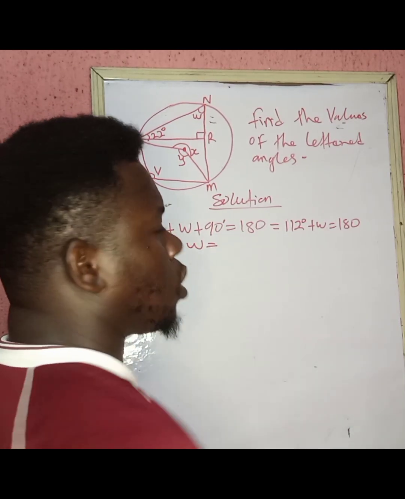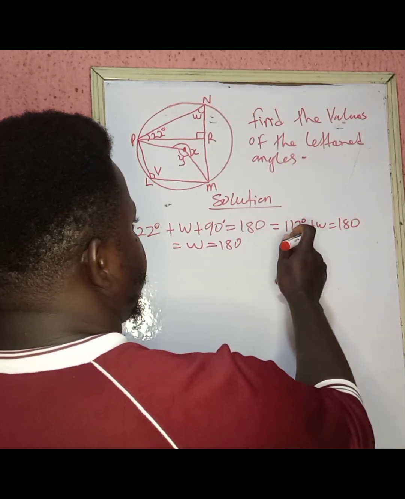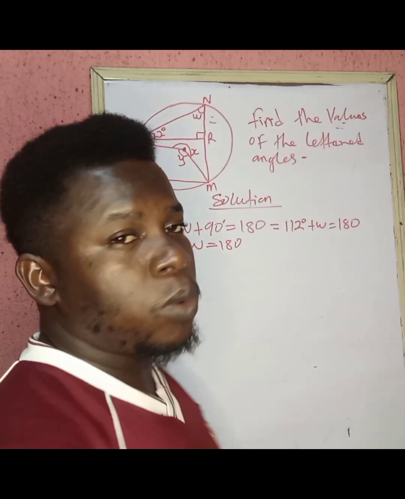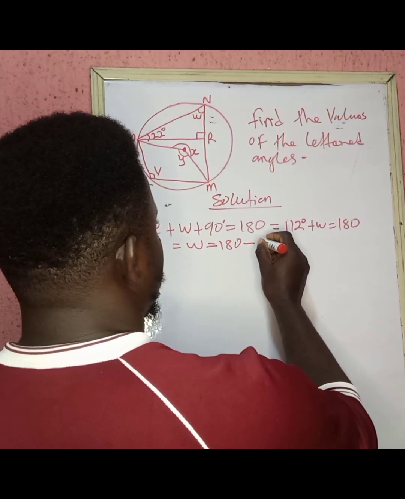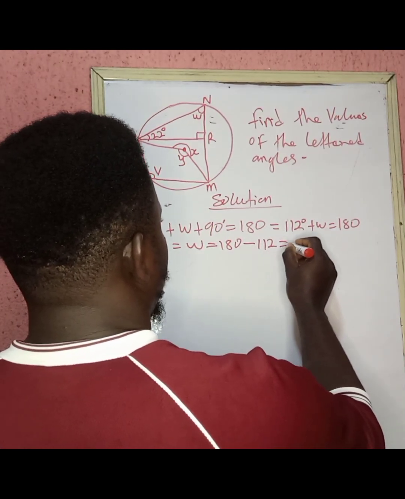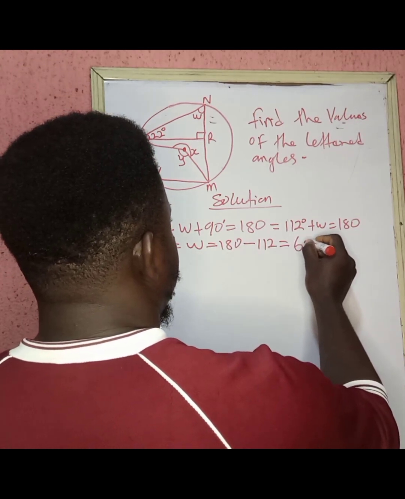W will be equal to 180 minus 112, because if this 112 crosses this equation sign, it will become minus. Which is equal to what? This will be 68 degree.